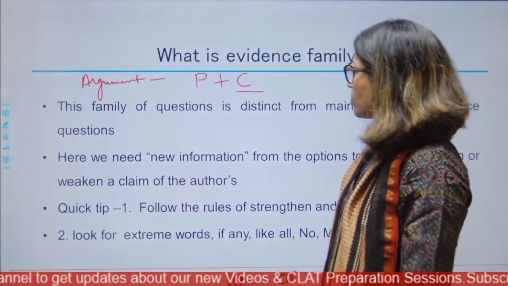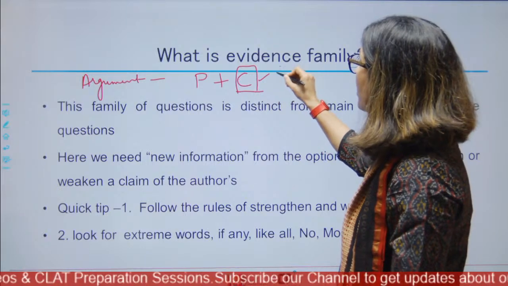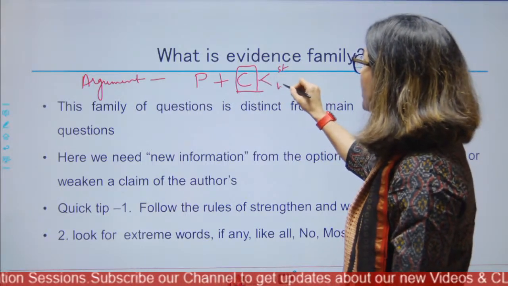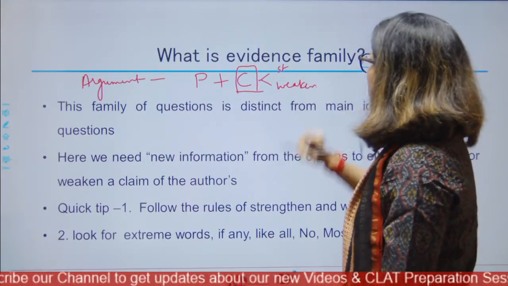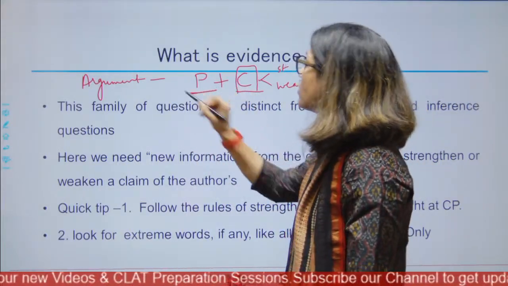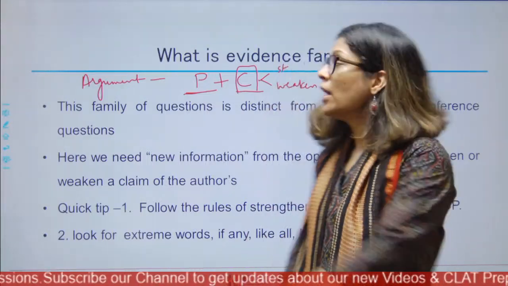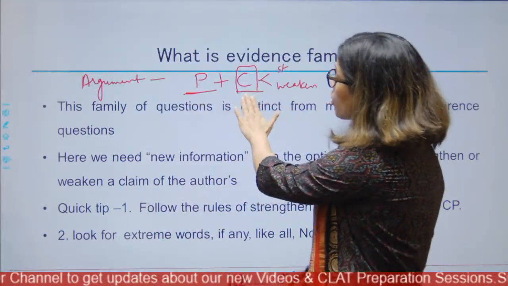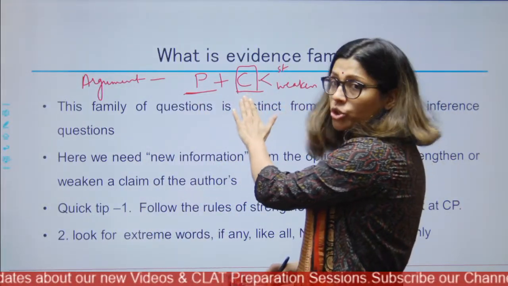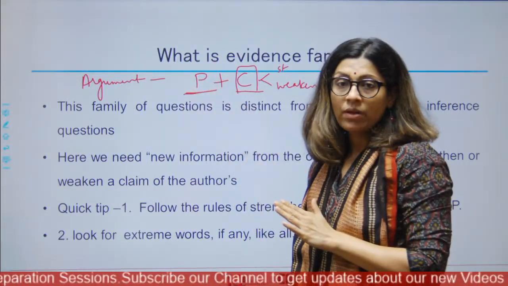Now, this is the conclusion that you will either have to strengthen or weaken, right? And it will be supported with some form of evidence, which we call the premise. Now, in order to support or attack the conclusion, the premise will have to be dealt with, right?